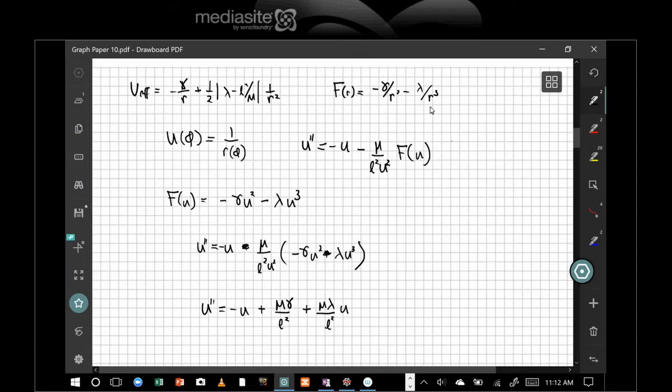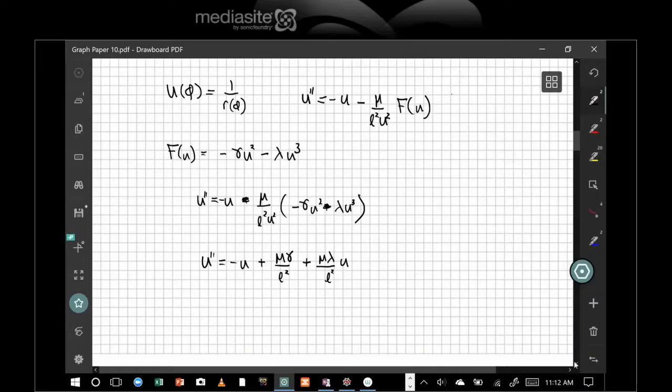Now, the cool thing about this equation is that my functionality hasn't changed. When I did the Kepler problem, on the right-hand side I had a linear term in u and a constant term. Here, I still have that linear term and a constant term, and then I get another linear term. So in the end, I get the same form of the differential equation, so I expect to see something similar in my solutions. Let's rewrite this equation in a nicer form.